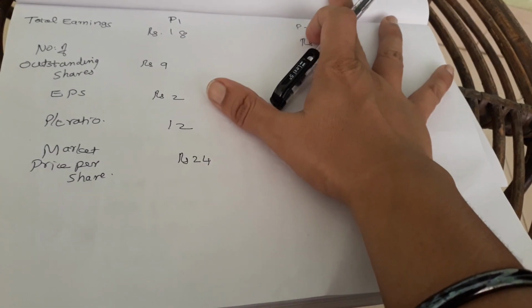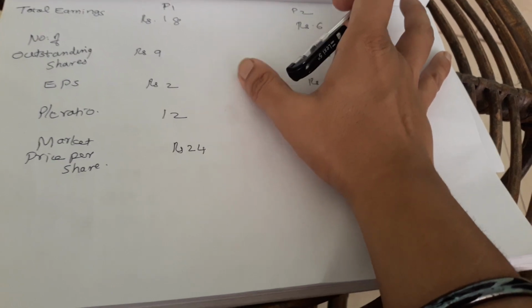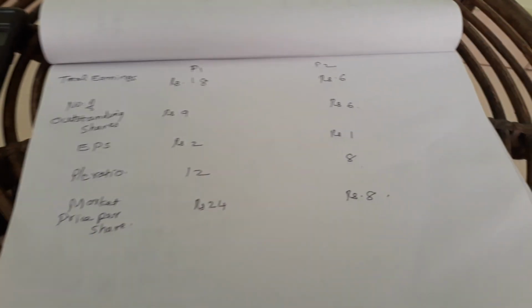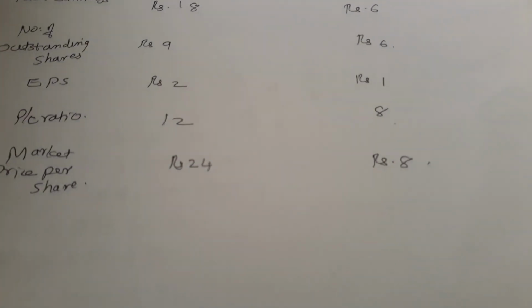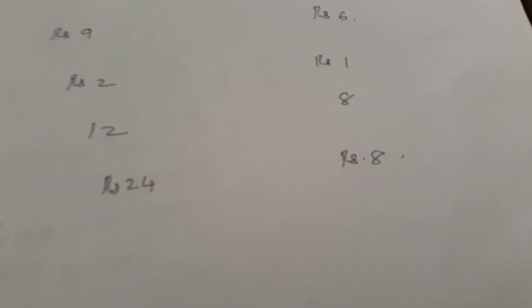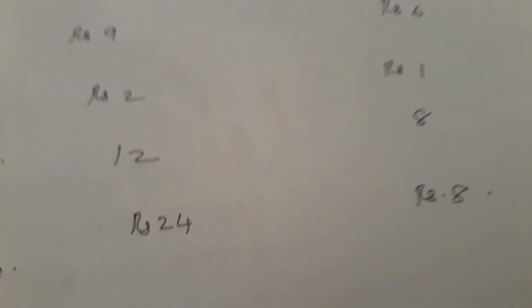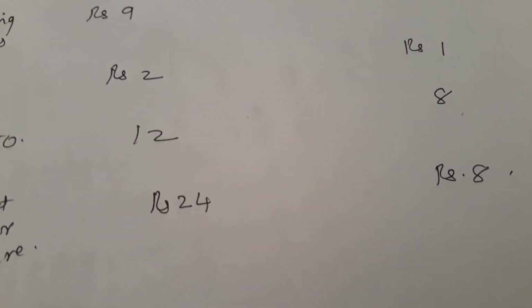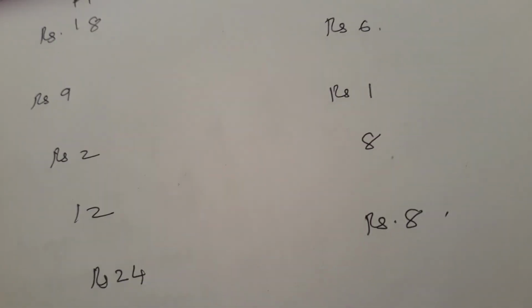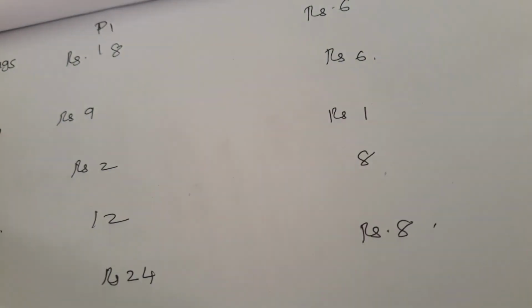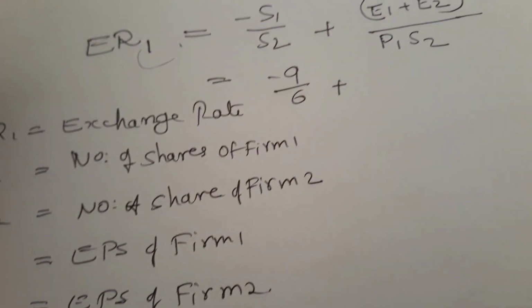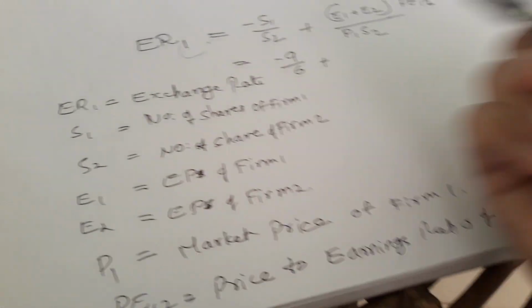Earnings per share is total earnings by total number of shares. So we can substitute this by total earnings. Here E1 is total earnings. Sorry, it's not earnings per share. This is the earnings of firm 1 whereas this is the earnings of firm 2.